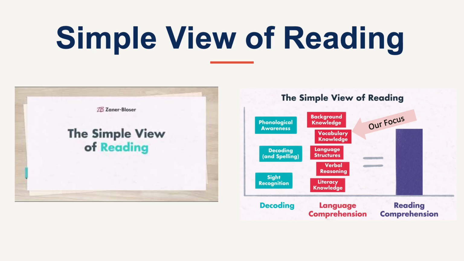But if they don't know what those words actually mean when they read them, which is the language comprehension column, their total reading comprehension score drops to 0. Vocabulary knowledge is the cornerstone of that language comprehension block, and that is exactly where our focus rests today.